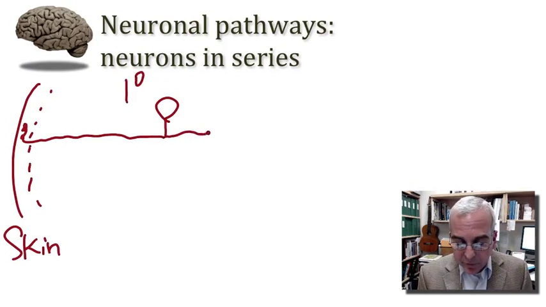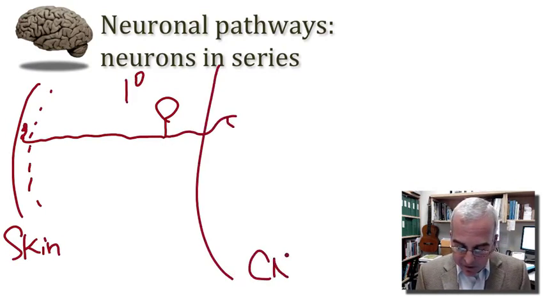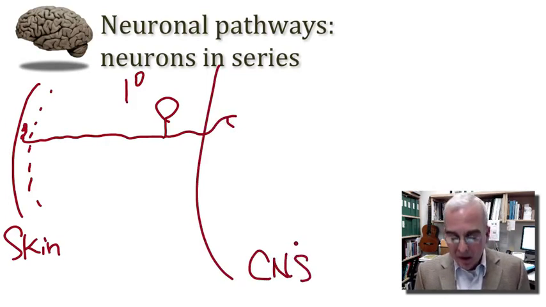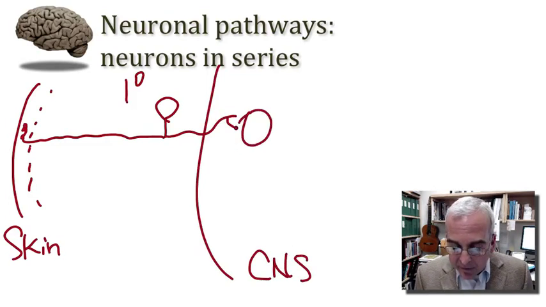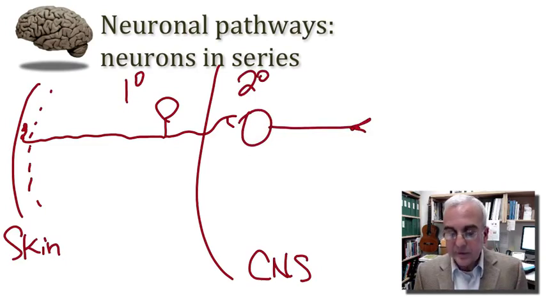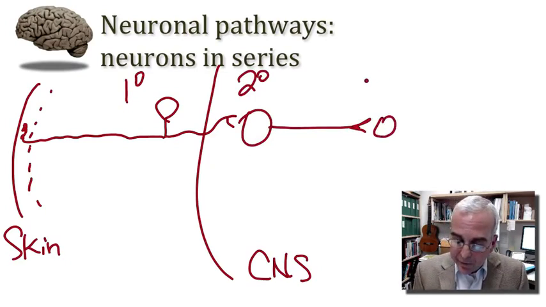Well, there is a central process that enters the nervous system. So let's say this is now into the central nervous system. And that first order neuron synapses on a second order neuron. And that second order neuron projects some distance through the central nervous system to typically a third neuron. We'll call that a third order neuron.